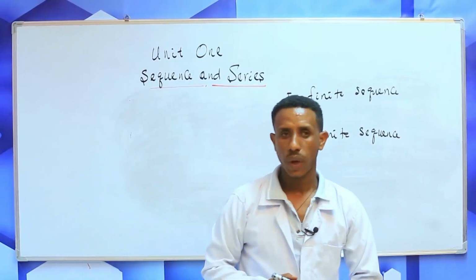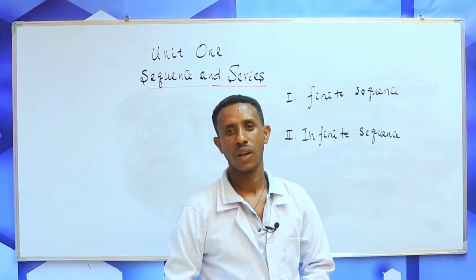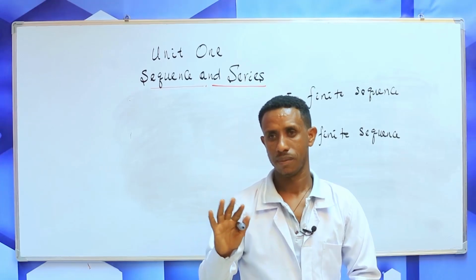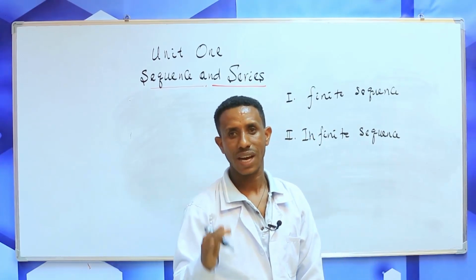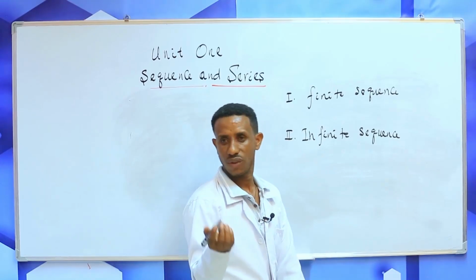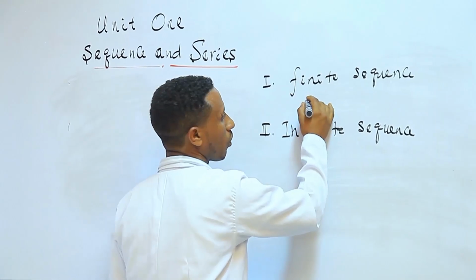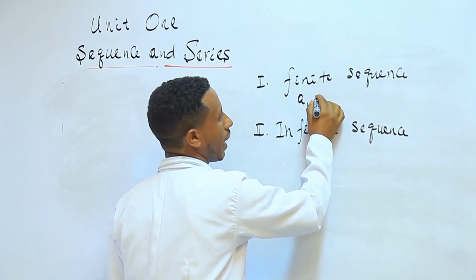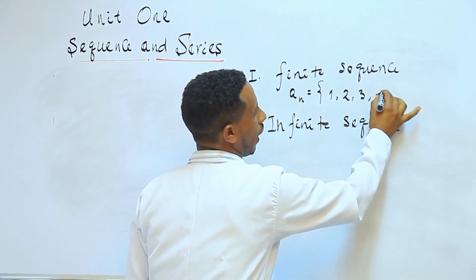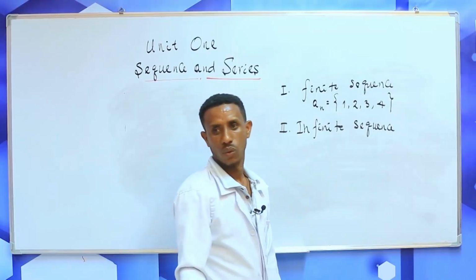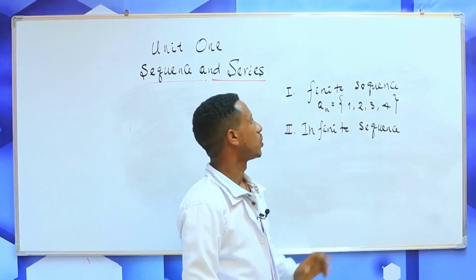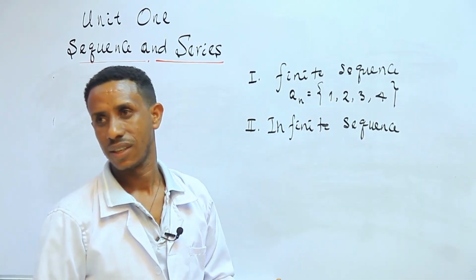When we say a sequence is finite, that sequence has a last term. If a given sequence has a last term, we call that sequence a finite sequence. Let's say, for example, if you have the sequence an equal to 1, 2, 3, and then 4. We have a last term 4. So this sequence is said to be finite.